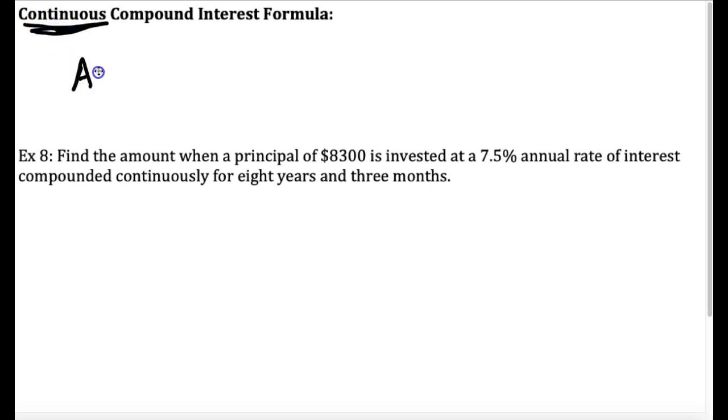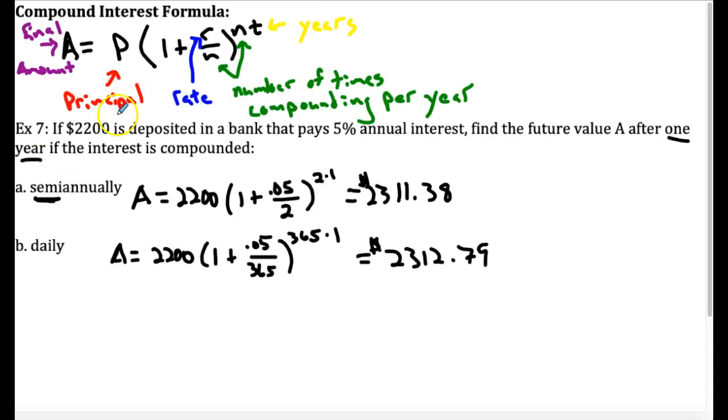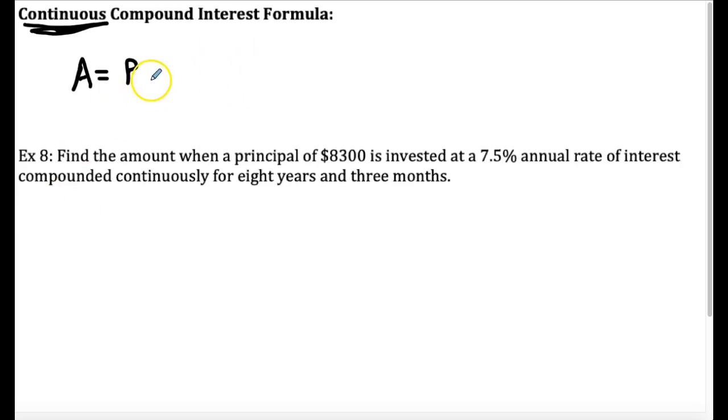And what happens, okay, we actually get a very special number out of this idea. So our formula is still going to be A equals the principal amount. But then in the parentheses here, if we say, well, n is basically going to infinity, what happens is we get some number called E, okay?